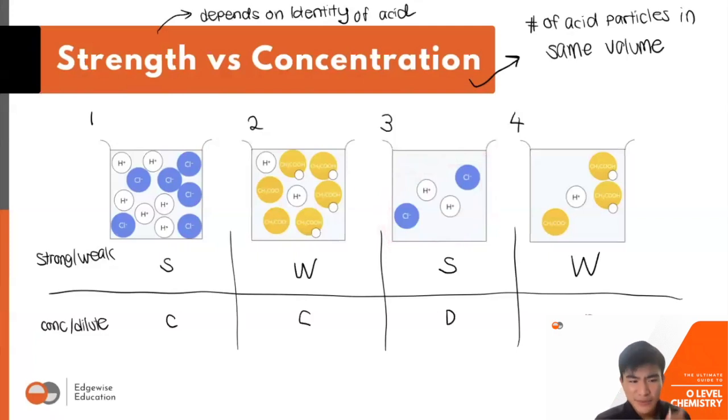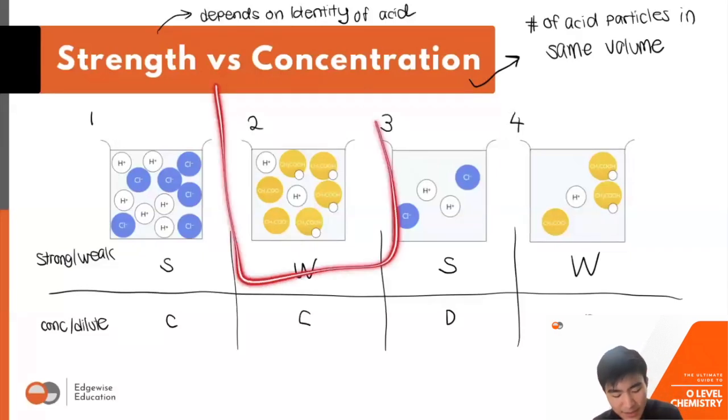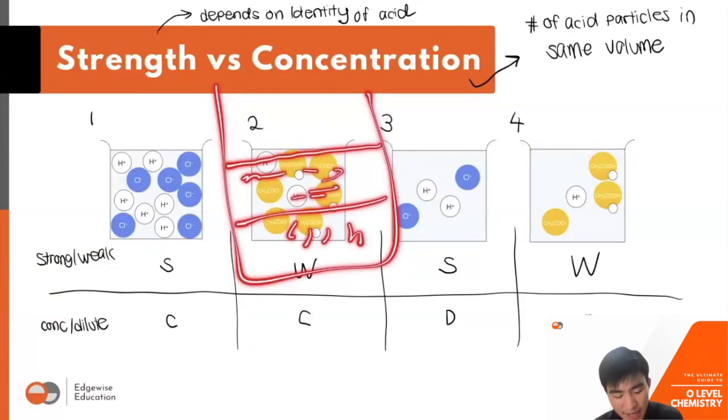Now, if you don't understand this, I'm going to give you another example using Milo. Remember our Milo packet? I pour the Milo powder inside the cup. Now, if I add only a little bit of water, that means my Milo powder only has this small amount of space to work with, right?